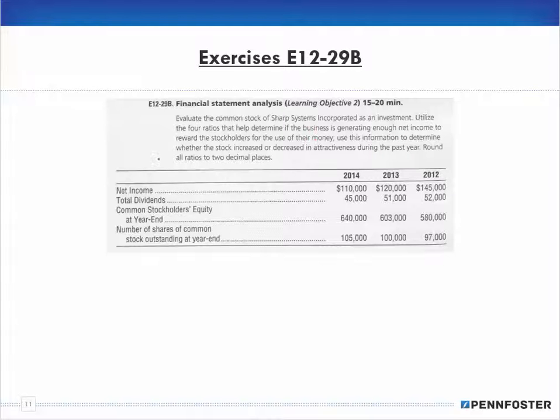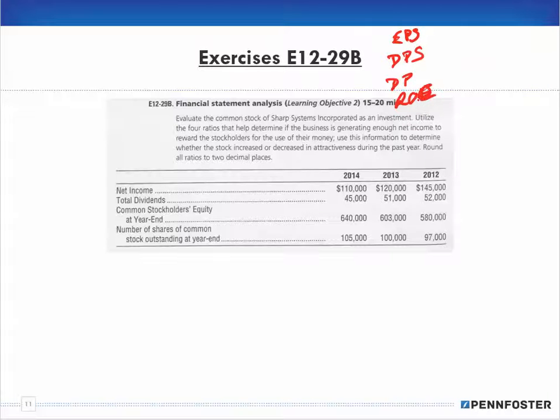If we look at our key questions, you'll see that those 4 are earnings per share, dividends per share, dividend payout, and return on equity.